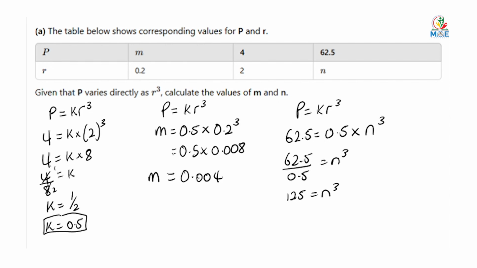So when we take over this cube, it will become the cube root of 125, and this is equal to N, and therefore N would be equal to, when we find the cube root of 125, we will get a value of 5. So N is equal to 5 when P is equal to 62.5. So we can say R is equal to 5 when P is equal to 62.5.